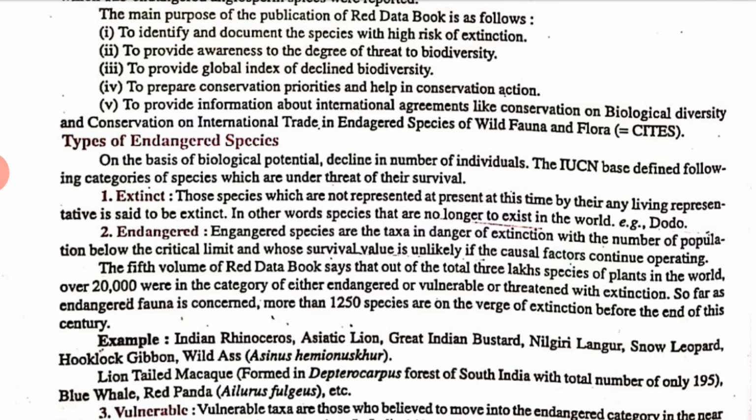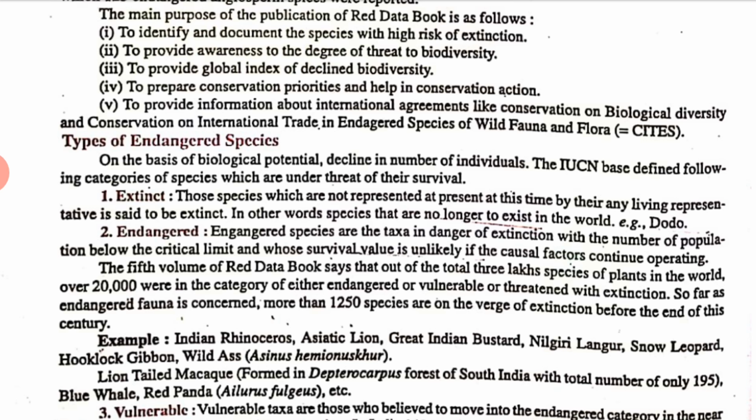Extinct is known as those species which are not represented at present by any living representative, means we have fully lost them. In other words, the species that no longer exist in the world. For example, the dodo is a species which we lost.